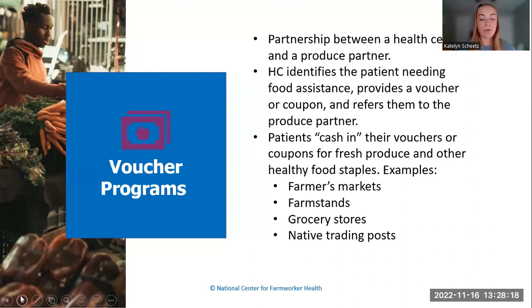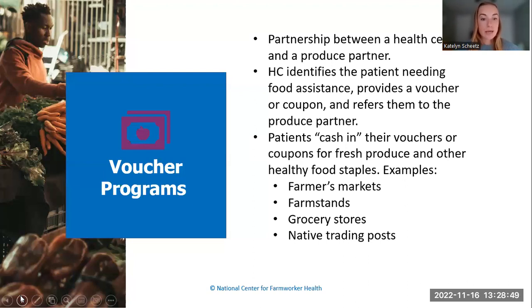That's why we use both the term Food Rx and produce prescription, because sometimes programs will include things like healthy whole grains, beans, nuts, etc. So some examples of the produce partners you might partner with to make this type of program a reality would be a farmer's market, a farm stand, a grocery store, or we've even seen this with native trading posts.